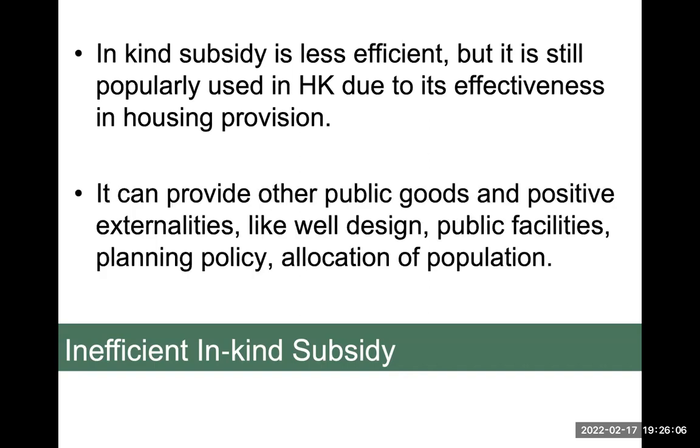And we could not deny that as state intervention or housing subsidy approaches, it can provide other public goods and positive externalities, like better design and better public facilities or accessibilities, MTR, for example, the minibus or bus stations, also a lot of planning policies, allocation of population, etc. So these are good. I cannot deny.